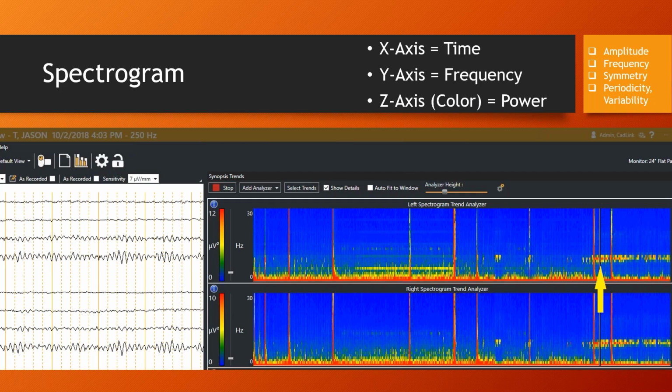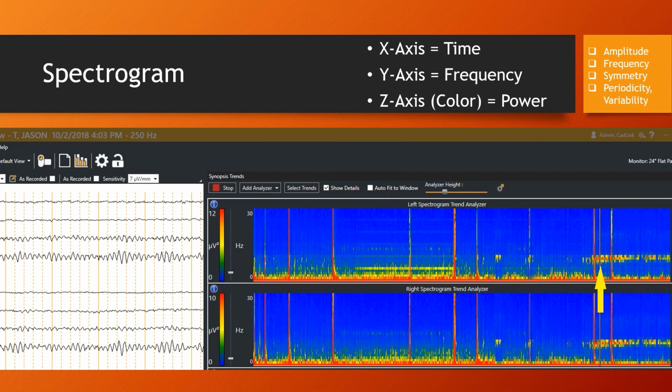Again, our scale is 0 to 30 hertz. So that cursor is placed on that area where you have a lot of activity in the alpha range. So this is a person who is awake where my cursor is. You can see the raw EEG on the left. And earlier in the record, you can see there isn't a lot of alpha because that patient was asleep.